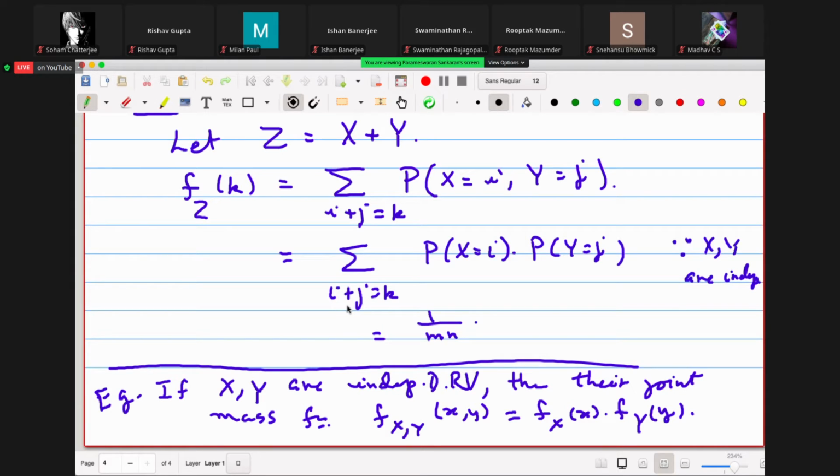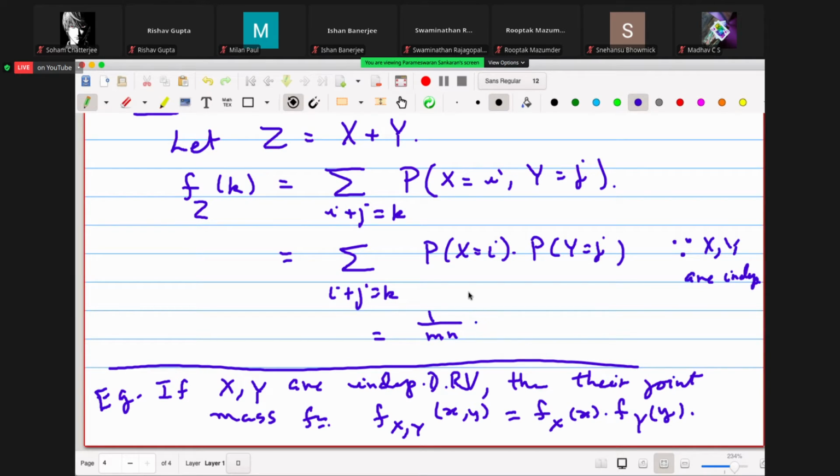Mind you, i takes values from 1 to m, and j takes values from 1 to n. You can give an arbitrary value for i, but not quite k minus 1, I'm afraid. It's slightly subtle.